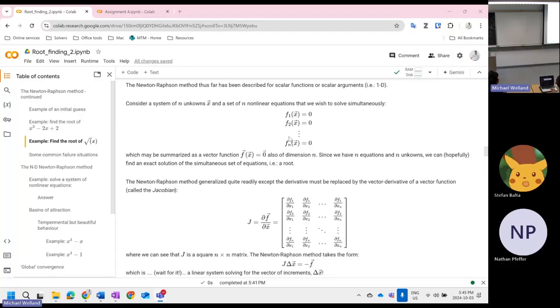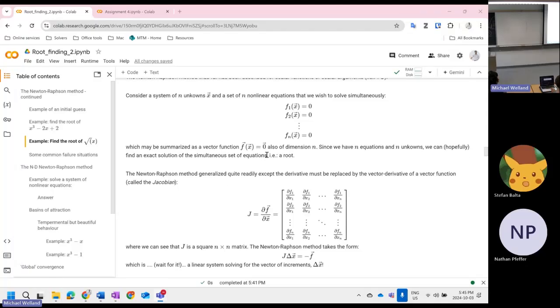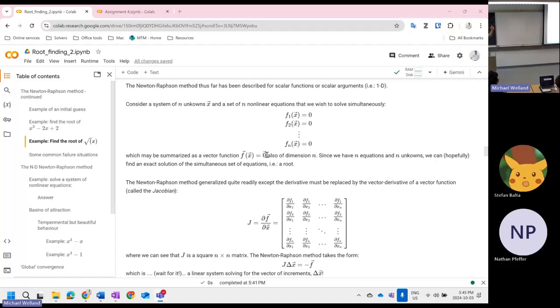So what you get are n of these functions. You can put that into a vector function of vector arguments, which is a funny way to say you end up getting this system of equations. The solution to those equations is when that system is equal to 0.